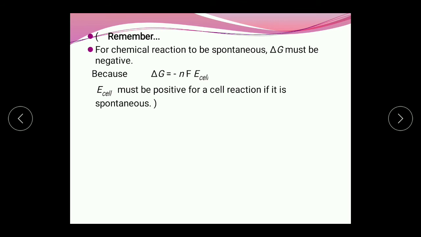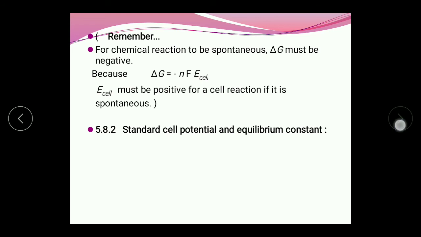Remember this thing. Now, the next point we are going to learn about is standard cell potential and equilibrium constant. Standard cell potential, that is E0 cell. We are going to relate this with the equilibrium constant. Do you remember equilibrium constant? For that, again, we have to go to thermodynamics.